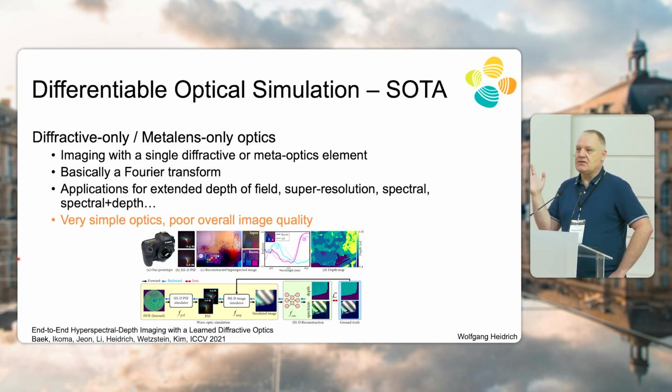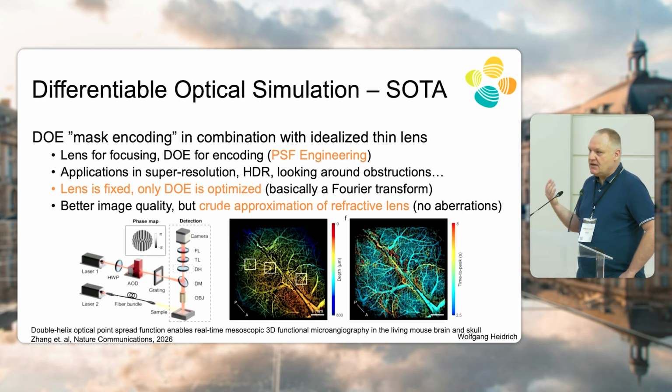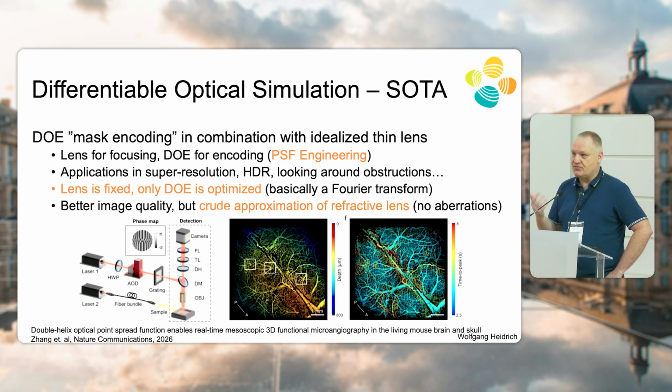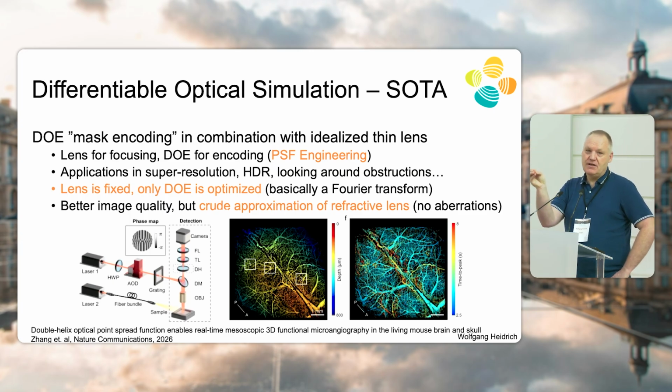The problem is that because it's such a simple design space, you're not going to get cell phone-like image quality out of it. So the next thing up is that if you take a DOE or a meta surface and you combine it with classical optics, like refractive optics, in such a way that the refractive optics is responsible for basically focusing the light, which it does very, very well, and then the DOE or the meta optics just manipulates the point spread function to provide some additional encoding of the information, let's say spectral information or depth information or things like that.